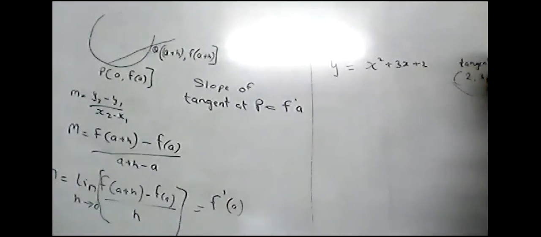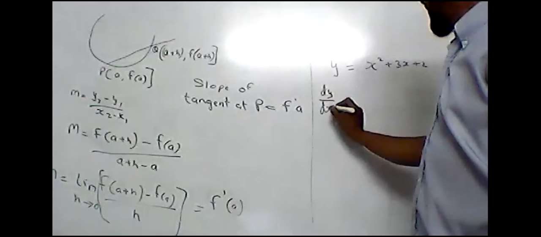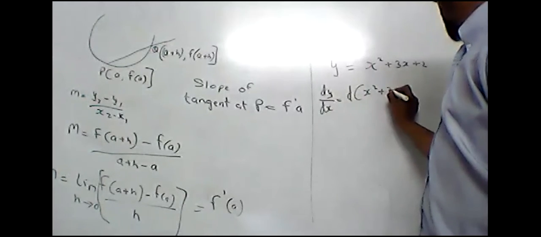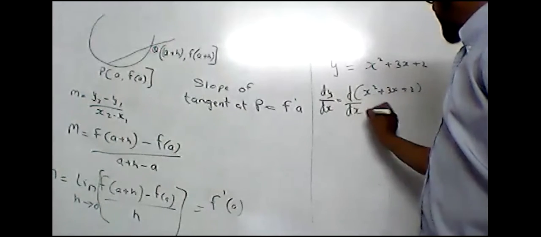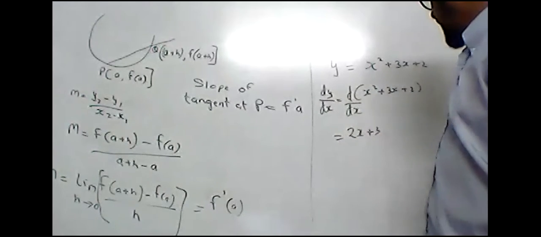That means at this coordinate the tangent touches the curve. So dy by dx will be the differentiation of x square plus 3x plus 2 upon dx. This will give you 2x plus 3.